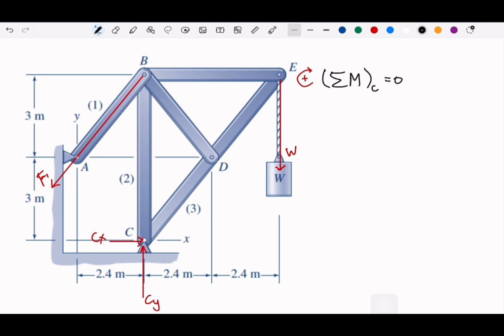So this will be, let me write here, that this is F1. So 3 and 2.4. What is that?